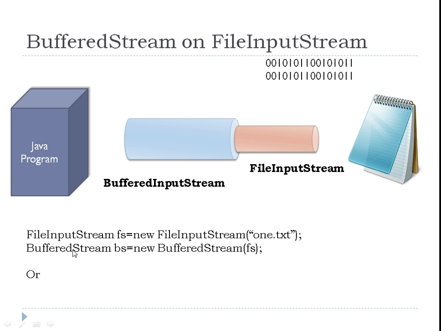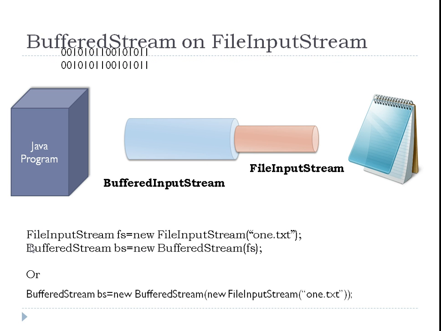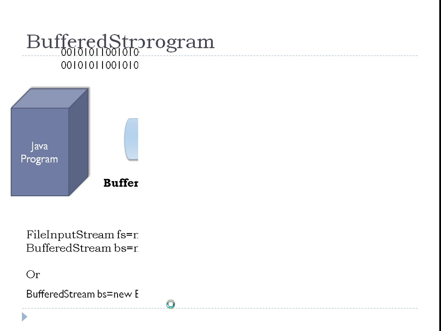Here we have missed the word input, so read it as BufferedInputStream bs equal to new BufferedInputStream(fs). So in these two statements, we are wrapping the file input stream by a buffered input stream. These two statements we can write in a single one like this. So we have written two statements into a single one.